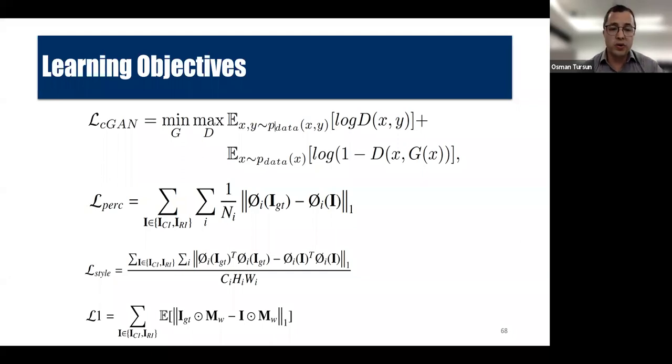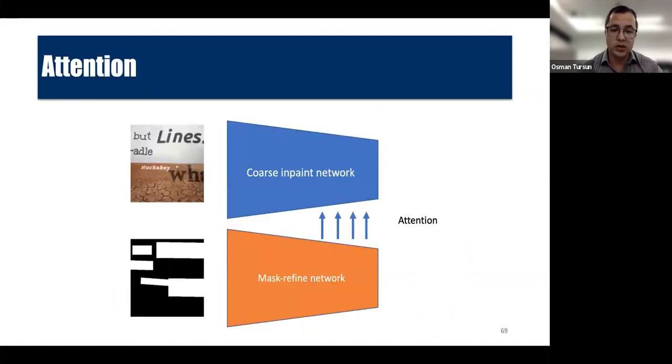For training these two networks, we use a generative adversarial loss, perceptual loss, style loss, and weighted L1 losses. Also, to control the inpainting, we transfer the attention from our mask refine network.